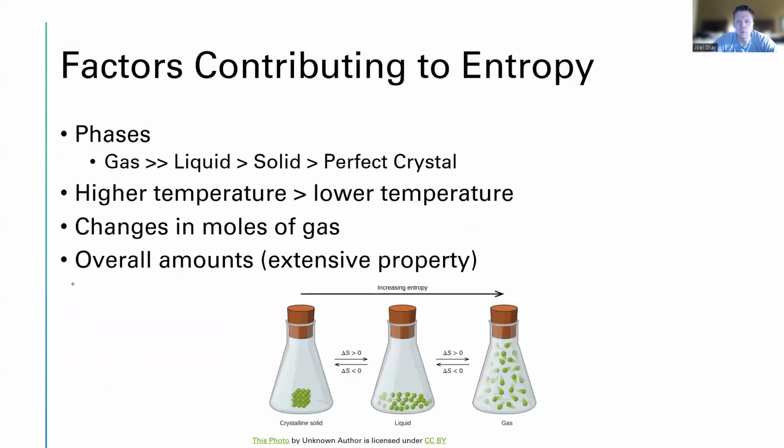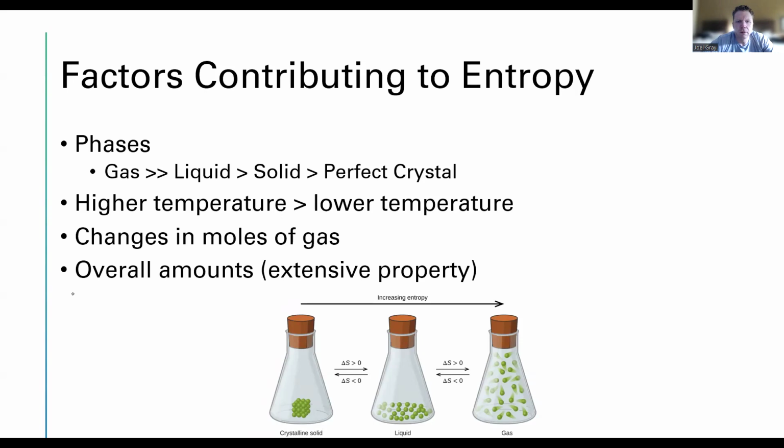All right. Now, what are the factors that contribute to entropy? Is the order in a system increasing or decreasing? Well, first of all, what we've got are phases. Now different phases of matter exist, including gases, liquid, solid, and crystals.